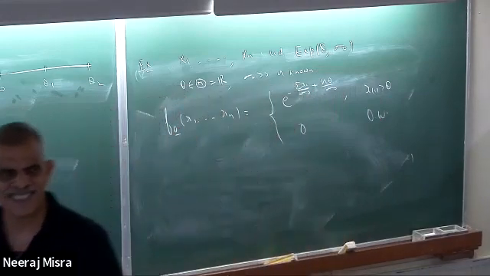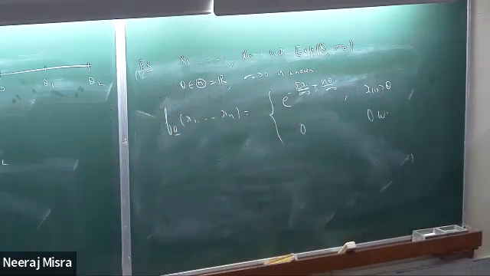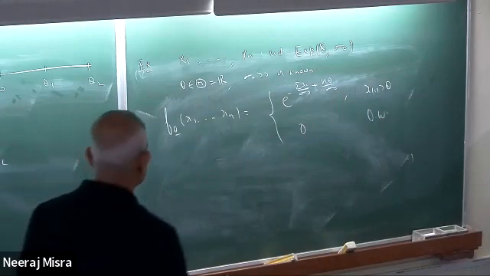Now here you can easily see that f theta 2 x upon f theta 1 x is increasing in x1. So it would have MLR in x1.